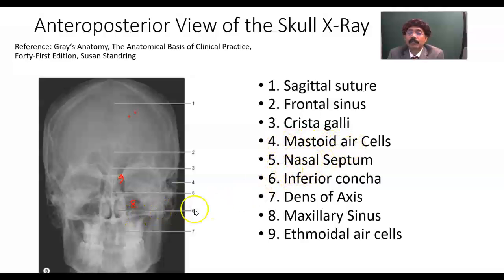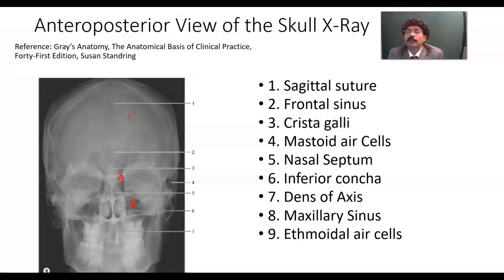Nasal septum, that is number 5. This is the nasal septum. It has a bony part and a cartilaginous part. The bony part is contributed by the vomer bone and the perpendicular plate of the ethmoid bone and the frontal bone spine, and also an extension of the nasal bone.